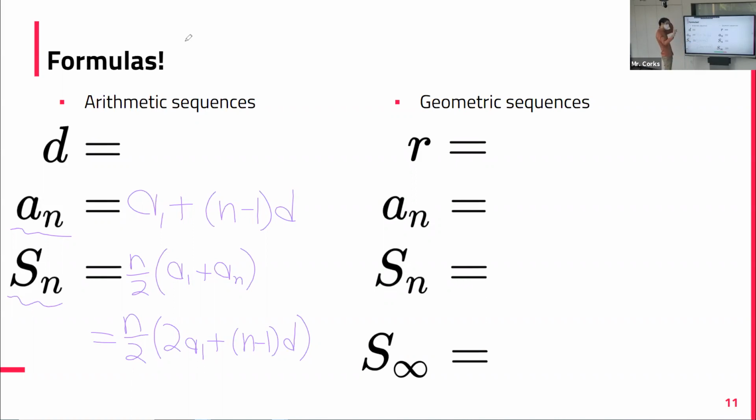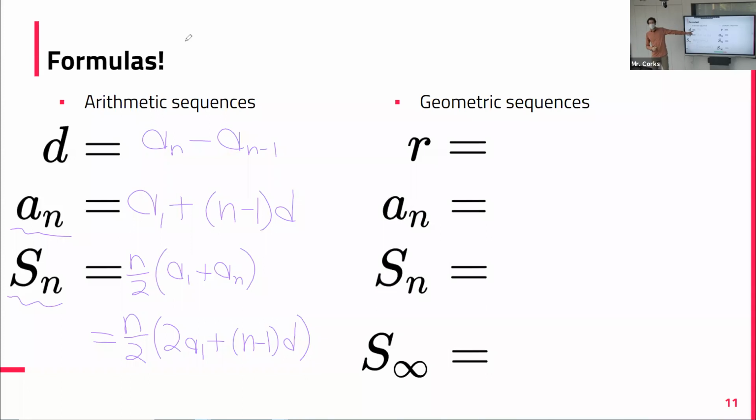A2 minus A1 works, but I want a more general version. Okay, yes, I'll just write this a little differently. So you said plus? Okay, so minus a n minus 1.